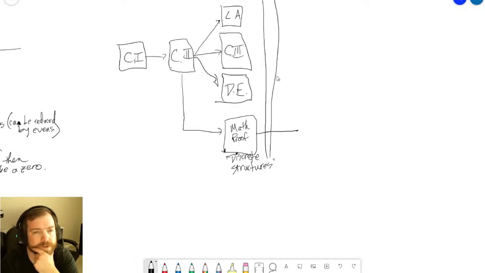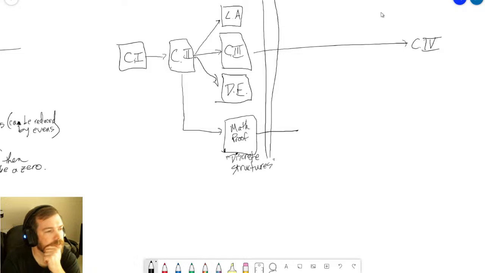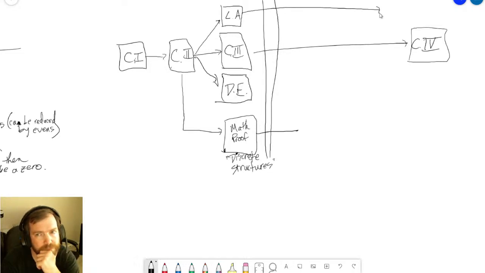And then there was actually a calculus 4 way out here, and a senior level linear algebra.